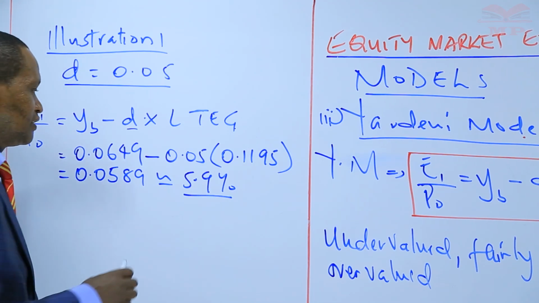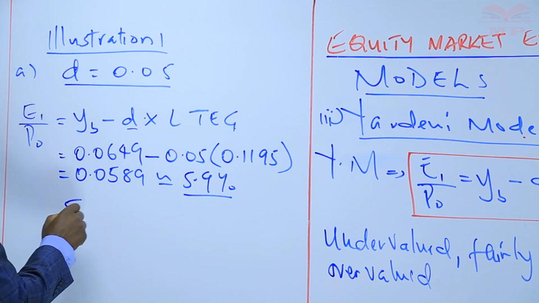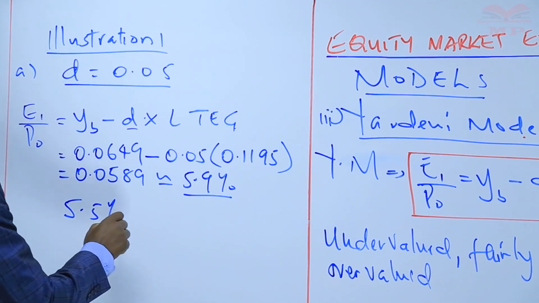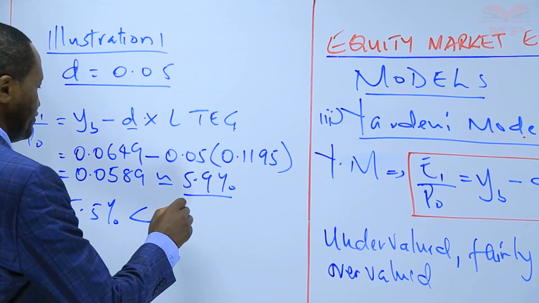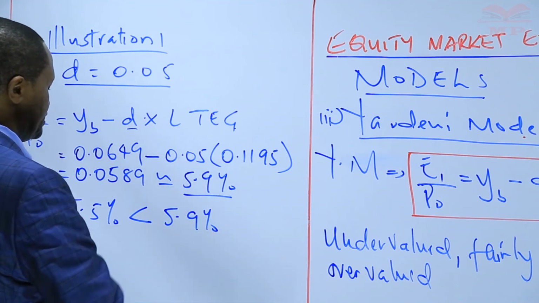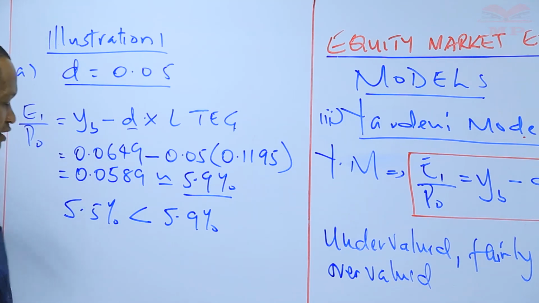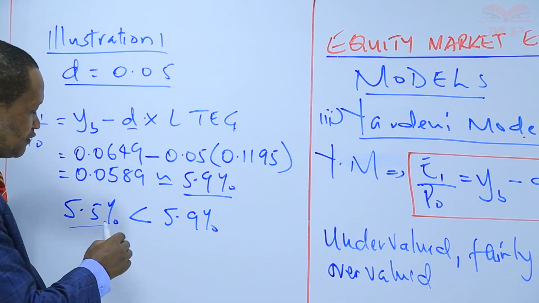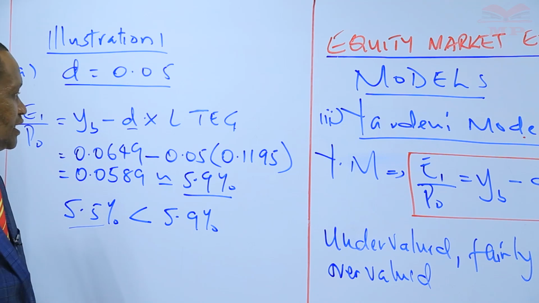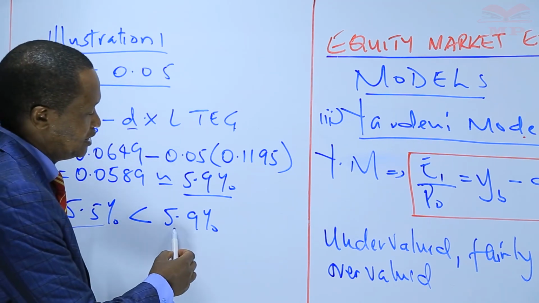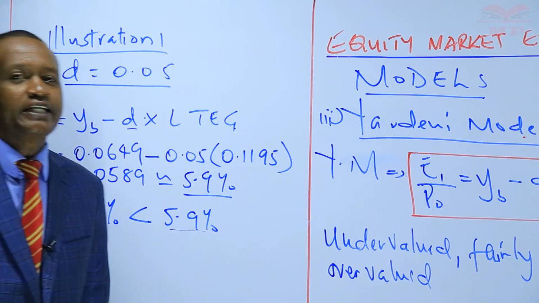We know, candidates, 5.5% is less than 5.9%. The S&P 500 value is 5.5%. That's the market value. But the Yardeni's earnings yield is 5.9%.